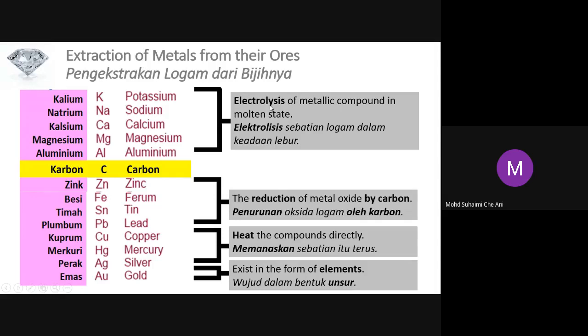So we break down the ores, the minerals, the metallic compound, using electrical energy. But it can be done just in the molten state, which means you need to heat up the compound until it melts, and afterward we do the electrolysis method.